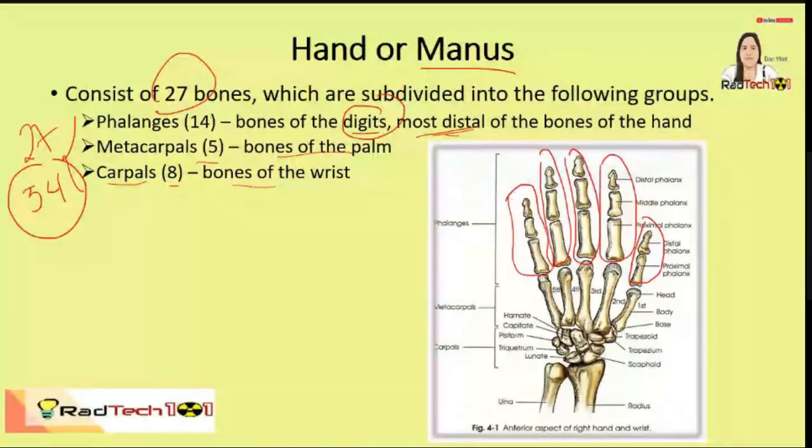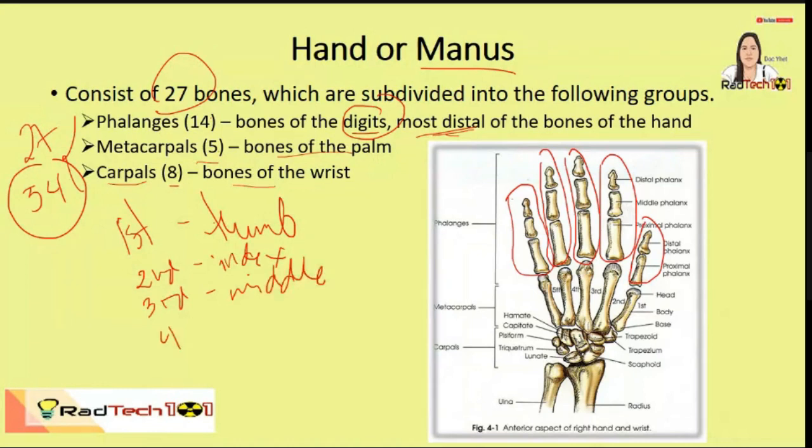So 14 phalanges. The first digit is your thumb. Then the second is your index finger, and then your third is your middle finger.